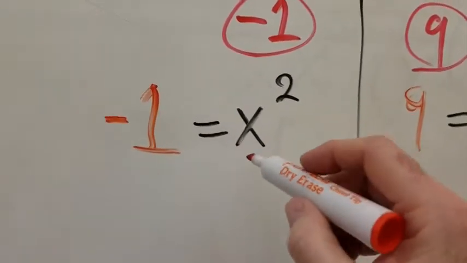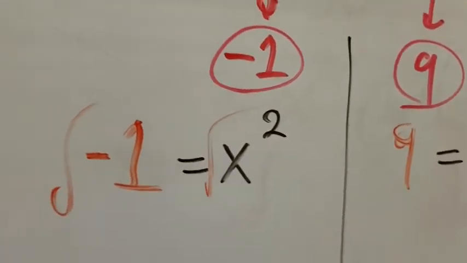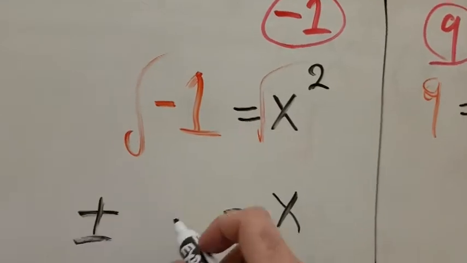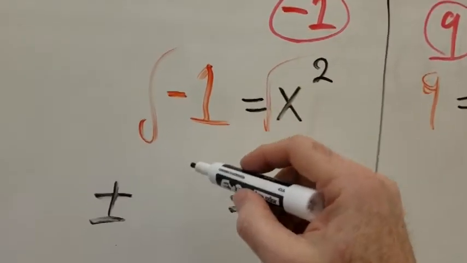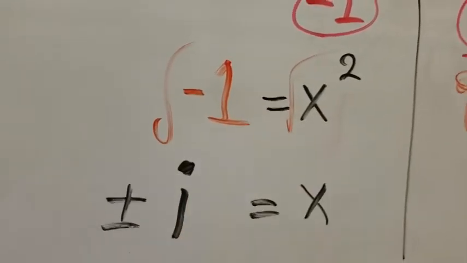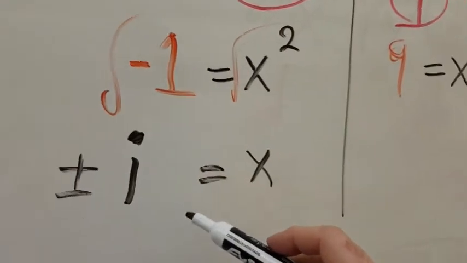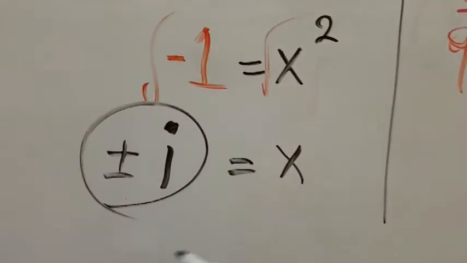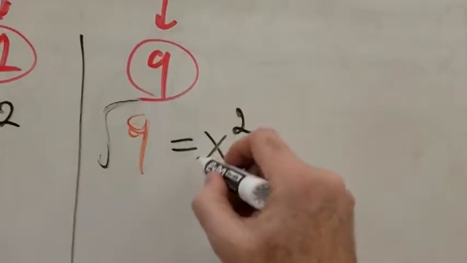So on this one, let's solve it. Let's take the square root of both sides, and you get x equals plus or minus. Well, square root of a negative 1 is an imaginary number, and I got plus or minus that imaginary number. That's one answer for x. Actually, it's two of them, plus or minus. Let's go over to this one. Same thing, let's take the square root of both sides.